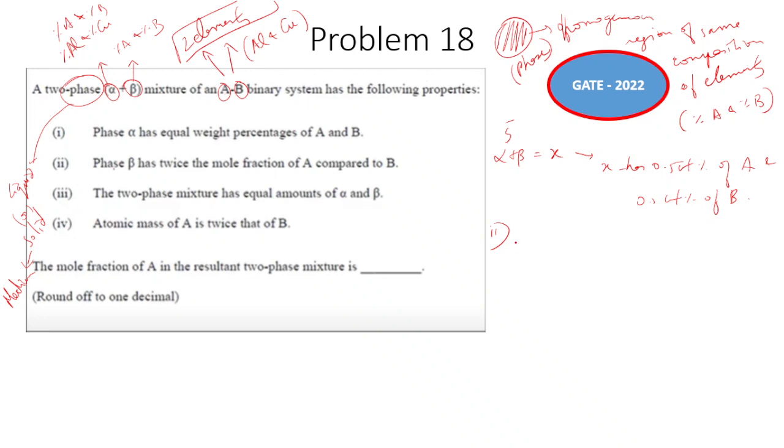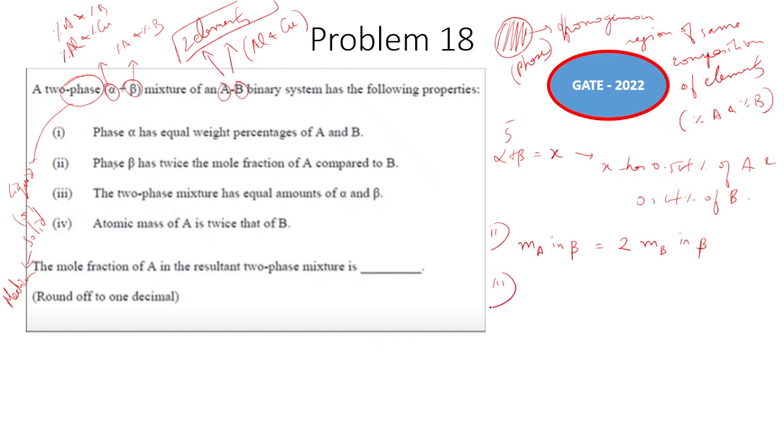So let's call this mole fraction MA. The mole fraction of A in beta is equal to 2 times the mole fraction of B in the same beta. So this is the second thing that is given.